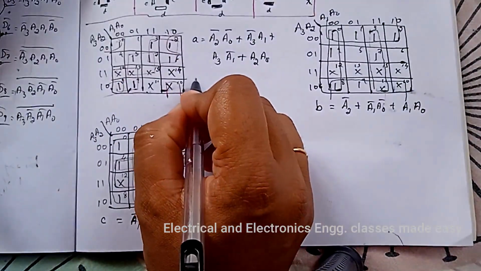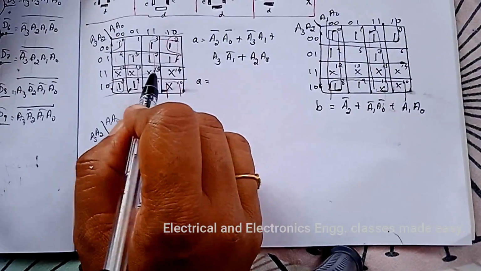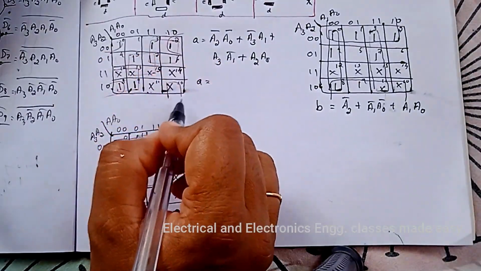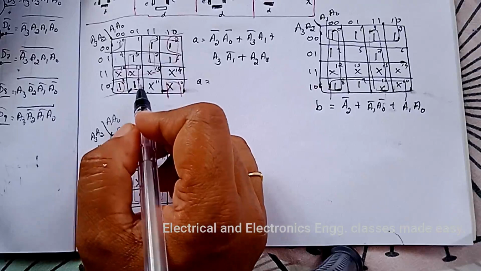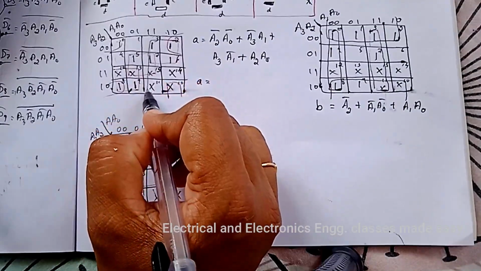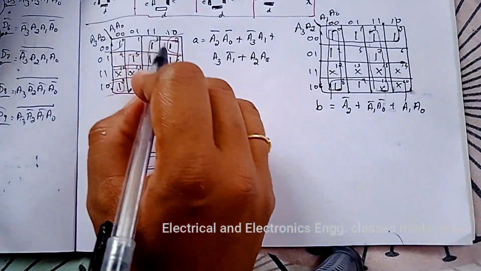And here also while minimizing the segment A, these corner squares we can wrap. Also these 8 squares we can combine.